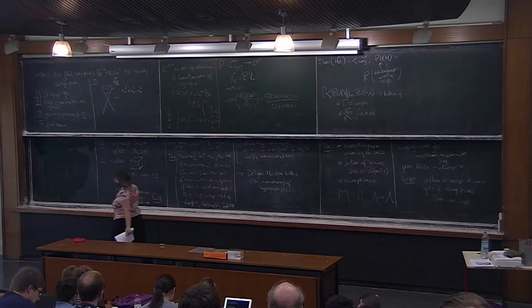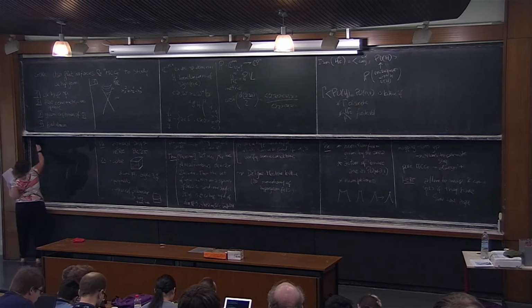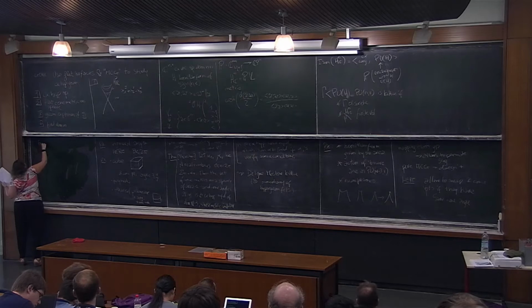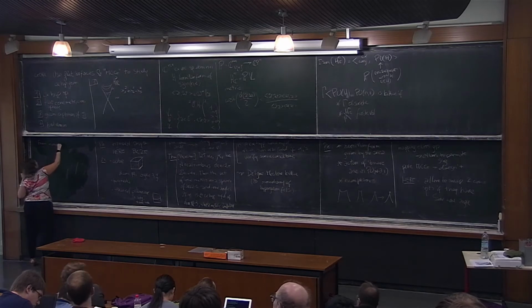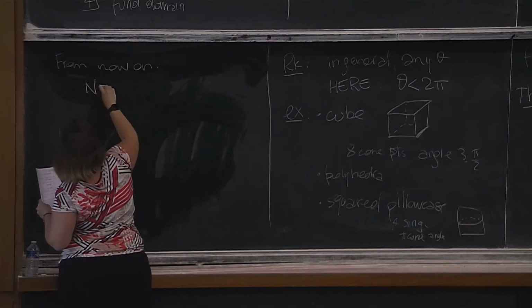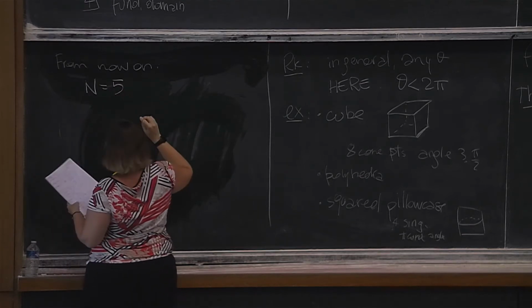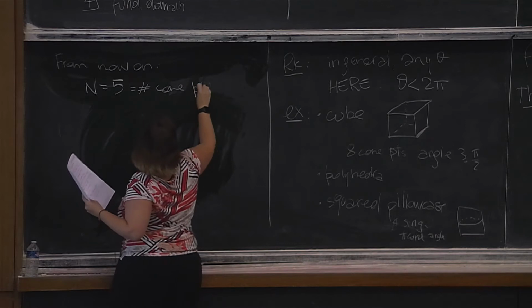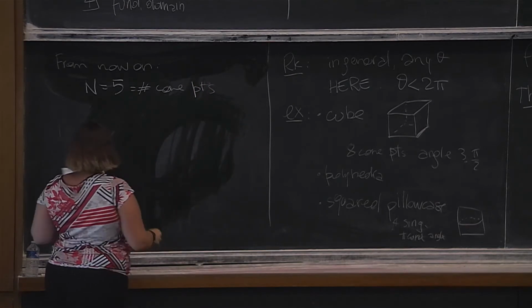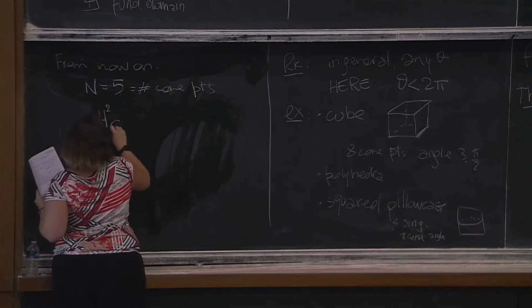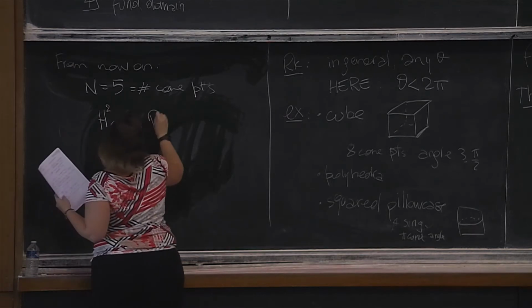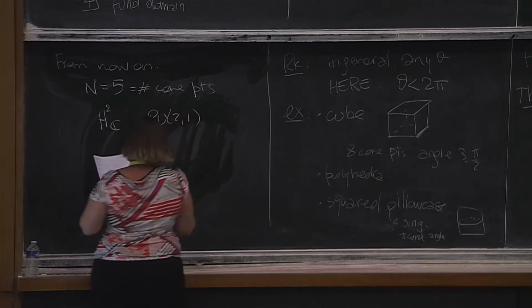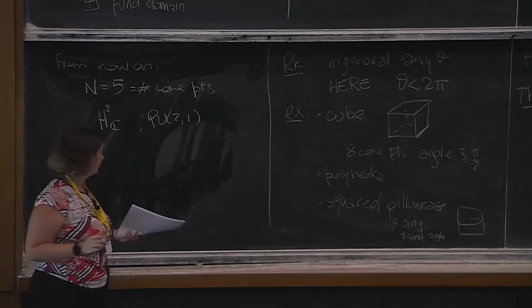And so from now on, we will consider 5 cone singularities, the number of cone points. Since the dimension goes down by 3, we will be in H^2_C, and lattices in PU(2,1).